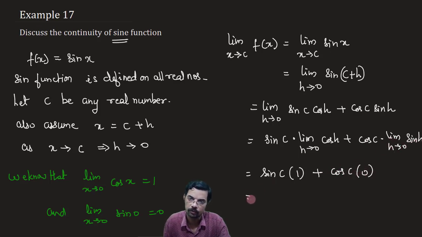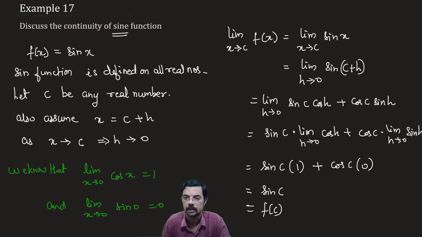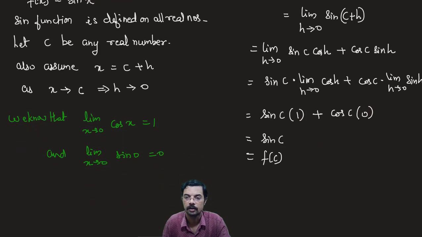So what we have finally is sine of c, and that is nothing else but f of c. When you put x equal to c, f of c is sine of c. So we can say that the function is continuous for all real numbers.